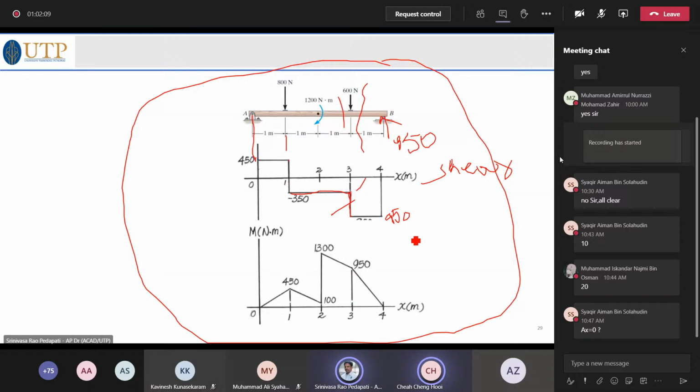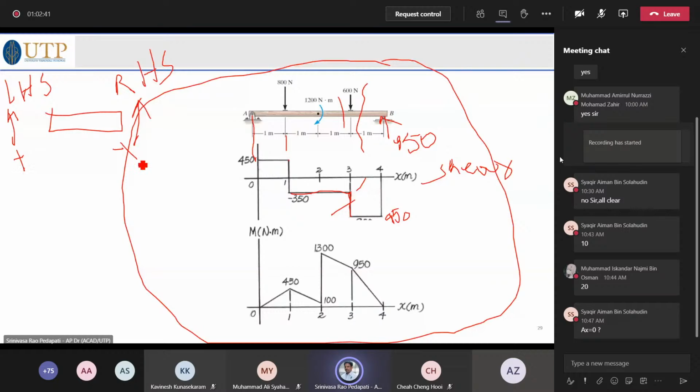Yeah, 950 is negative because, as I said in the initial stage itself, if you take the free body diagram of the right hand section, RHS, then upward force is termed as negative. If you take LHS, left hand side, then upward force is positive.